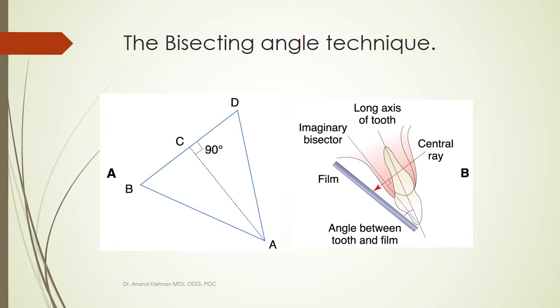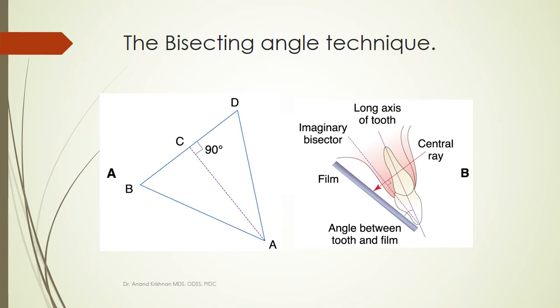Now if you want the image of A to D without deterioration, that is without getting blurred out or blown up or shrunk, almost exactly the same image, then your central ray, that is the ray from the X-ray, should be directed towards the imaginary bisecting line, which is A to C.